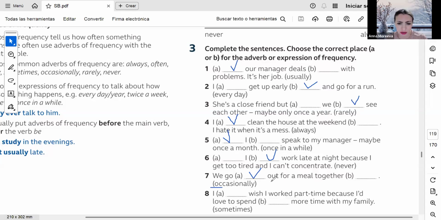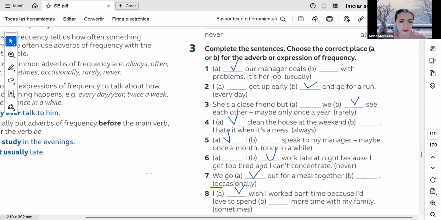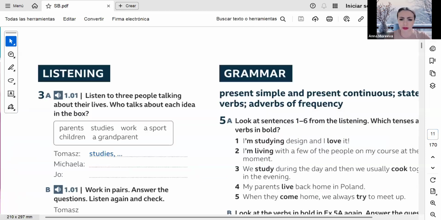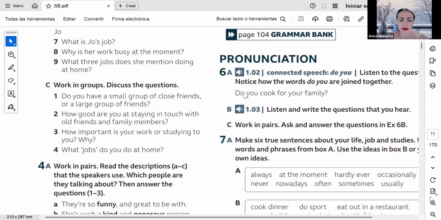I sometimes wish I worked part-time because I'd love to spend more time with my family. Okay, very good. Page 11. Sometimes we don't need to change the position.